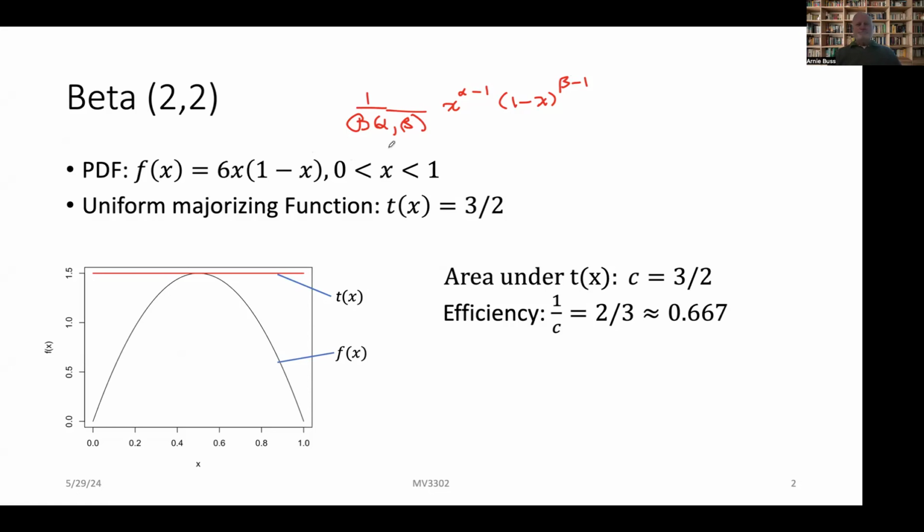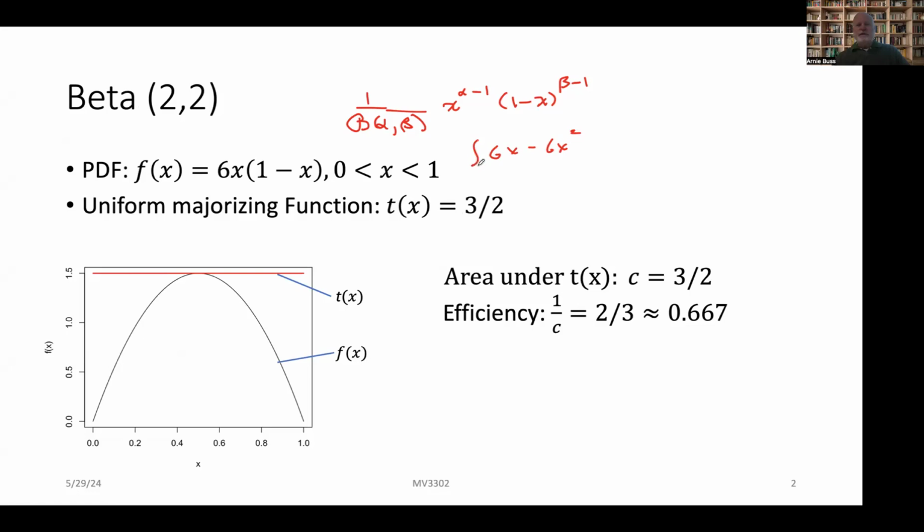Just as a check, you want to make sure that this whole thing is in fact a PDF. One way of checking on that is to integrate it. In this particular case, we can do that. If we were to pull this in, it would be 6x minus 6x squared.